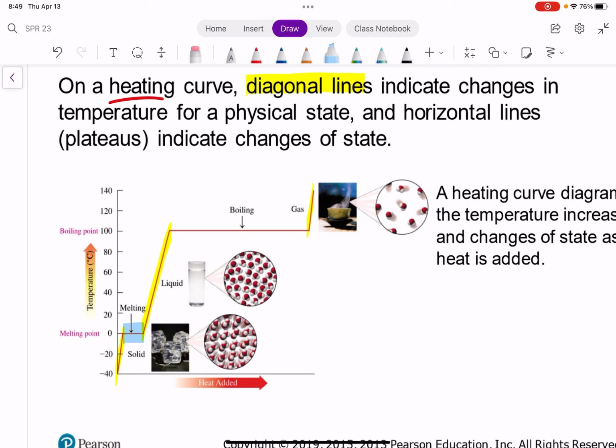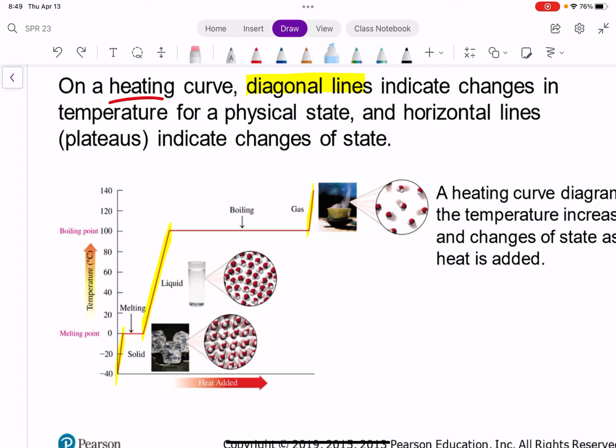And that's just because those molecules are all still changing state, okay? Stick with me. Now looking at your liquid, right? We've gone from solid, we've melted, and then we've turned into a liquid. So once you hit that diagonal line here, you're in the liquid state, okay?